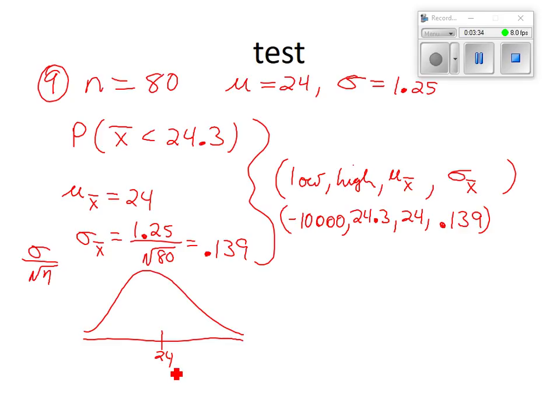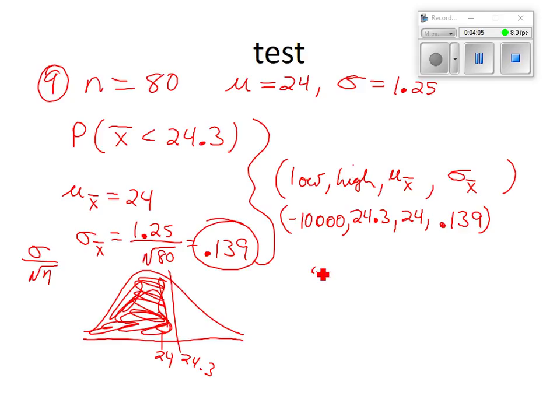Even without using our standard error, which is very, very small, we should know that if we're at 24.3, at least more than 50 percent of the data is going to be below that, even to get just a ballpark estimate. What'd you come up with? 0.9845.